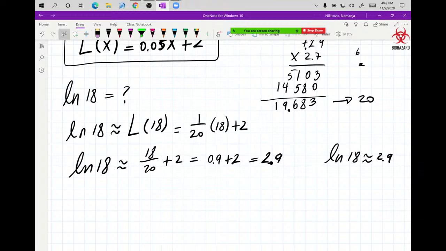And it comes out ln 18 is 2.89037 blah blah blah. Yeah, you're like 1 cent off with doing all of that stuff in the sand.